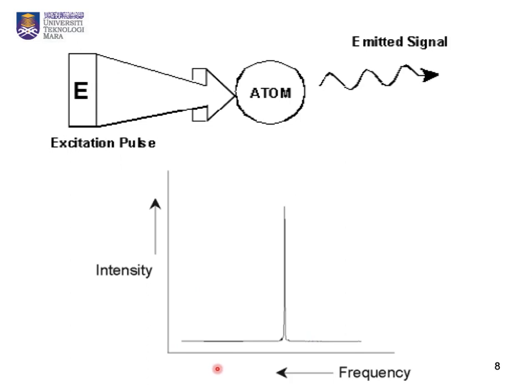So this is only the overview. Later we will see what the NMR spectrum looks like and what the important things in the NMR spectrum are. The most important thing in an NMR spectrum is the information about the nuclei of an atom. You can see the frequency of the molecule observed, and this is the intensity.